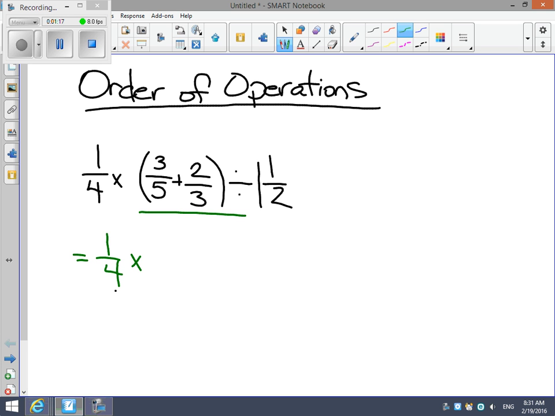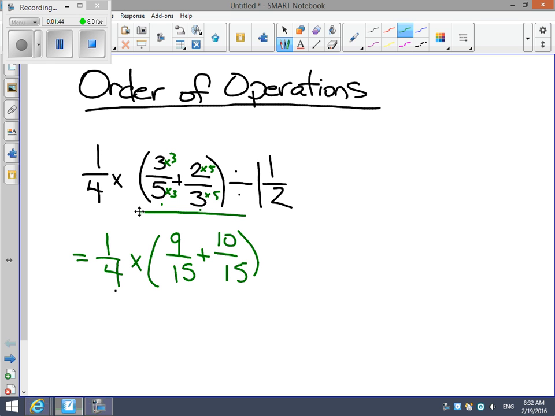Because there's 5 and 3 as two denominators, we can't use one of them as a denominator, so we're going to have to change them both. An easy way to do that is just to multiply them by the opposite denominator, and that'll get you to it. So anyhow, I'll rewrite this question out. So this is 9 over 15 plus 10 over 15.